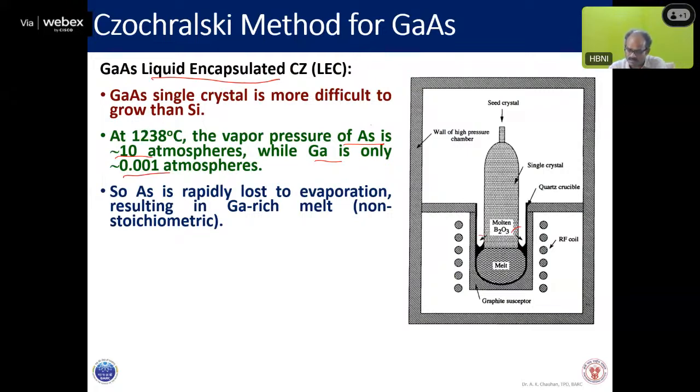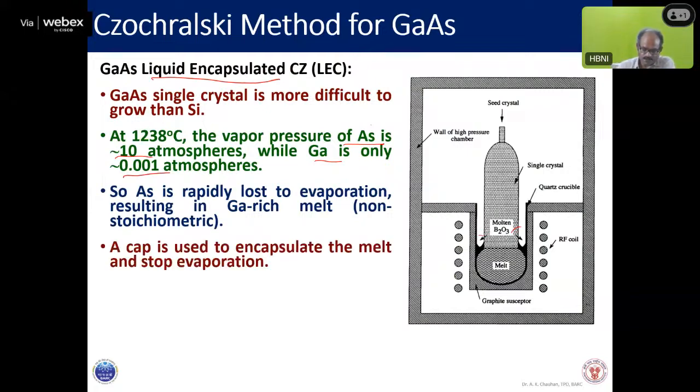When your gallium arsenide melts, boron oxide also melts, but it has a very low density, so it sits at the top of your gallium arsenide and stops the arsenic from evaporating.